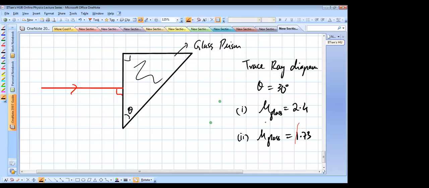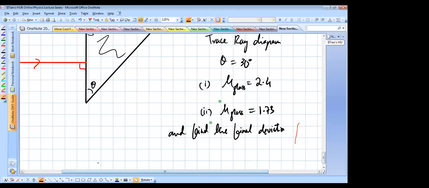Trace the ray diagram and find the final deviation. Finally, how much the ray deviates from the initial position. Angular deviation.